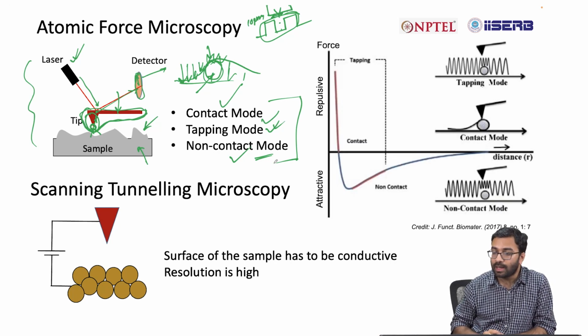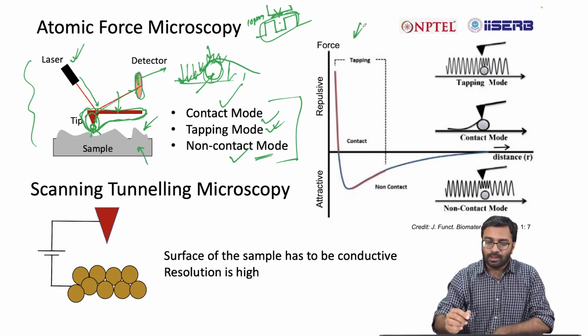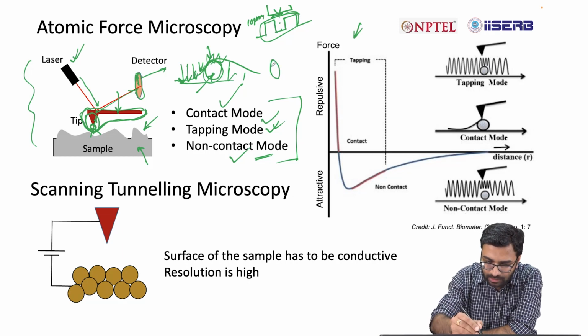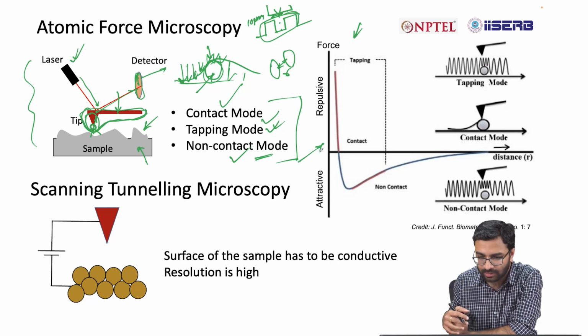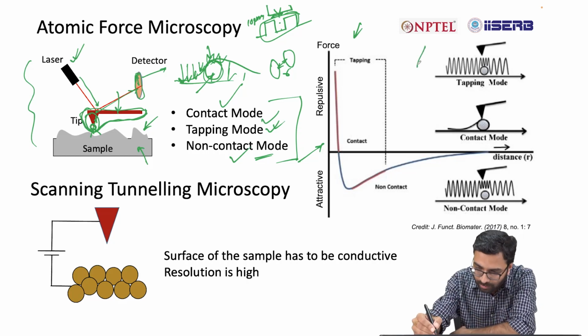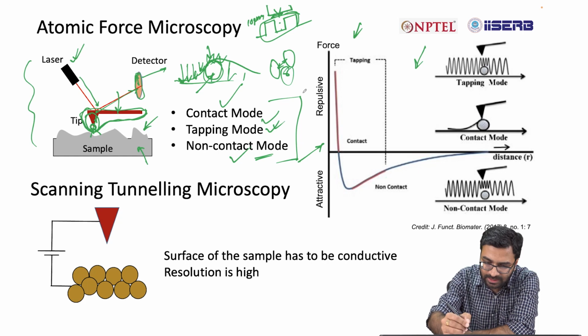Now if you define the entire thing using a plot, you will see that any 2 objects, when they come close to each other, follow this particular trend. The force between these 2 particles will follow this trend. If the distance is very small, then there will be a repulsive force.